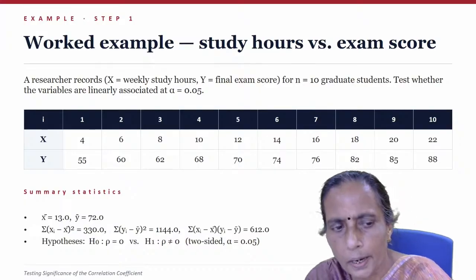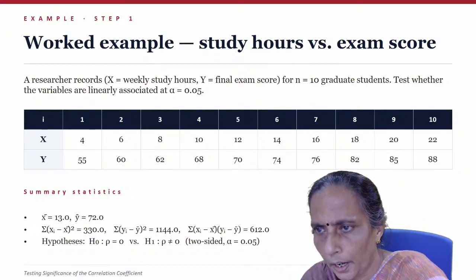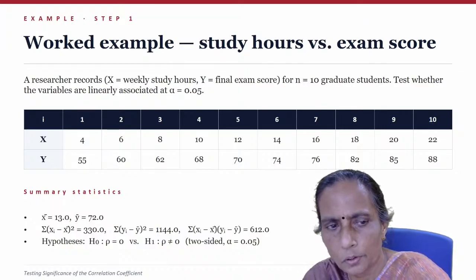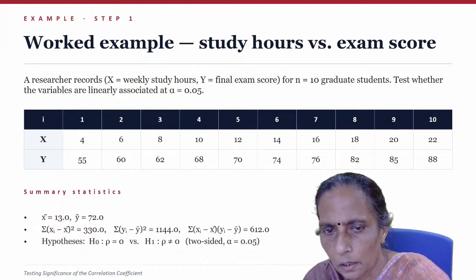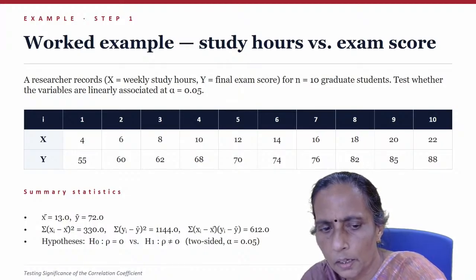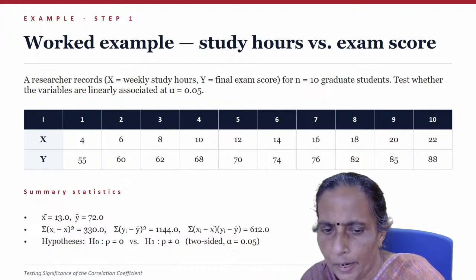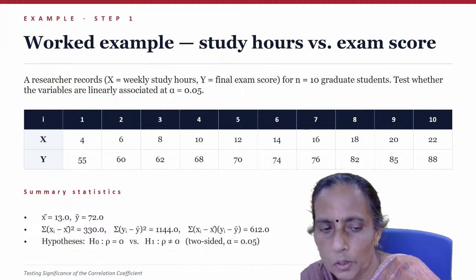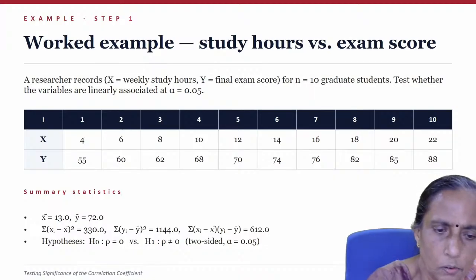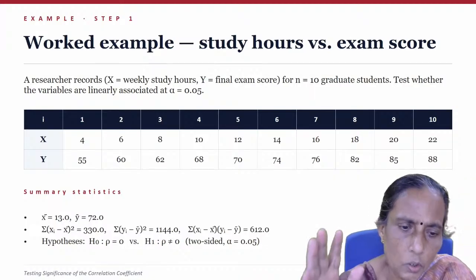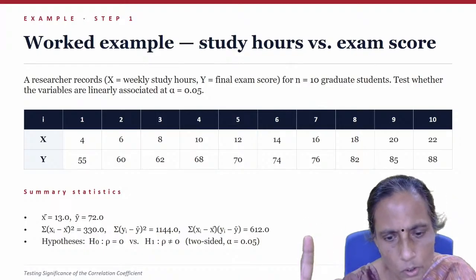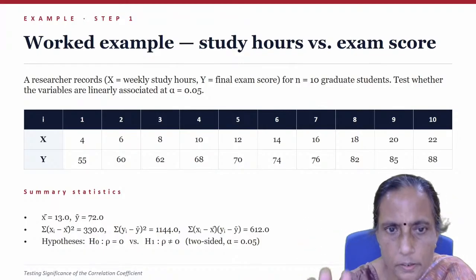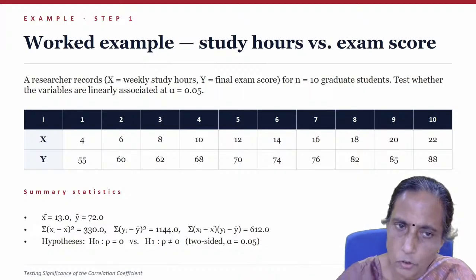If you calculate X bar, the mean of X, it comes out to be 13.0, and the mean of Y is 72.0, and the summation of Xi minus X bar whole square will be this much, and the summation of Yi minus Y bar square is this much, and the summation of the cross product is 612.0. The hypotheses are H0: rho equal to 0, and H1: rho not equal to 0, two-sided at the level of significance 0.05.